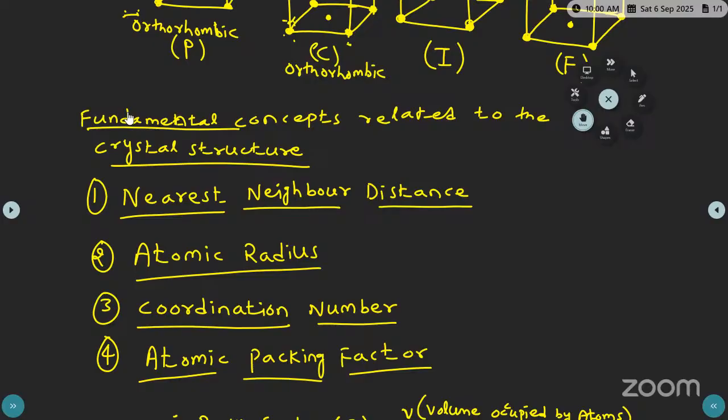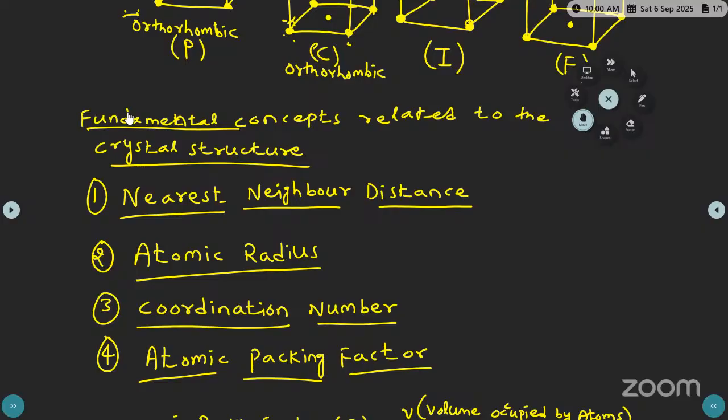The distance between the centers of 2 nearest neighboring atoms in a crystal structure. If we take a structure and consider any 2 nearest atoms, the distance between their centers is called the nearest neighbor distance.